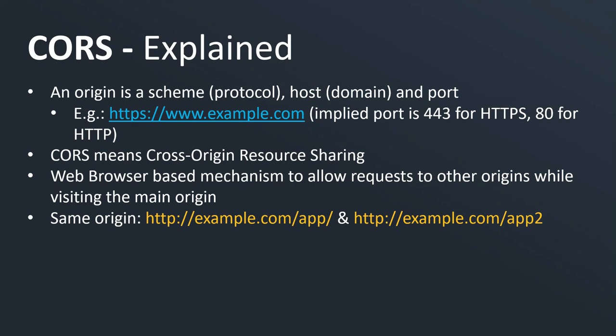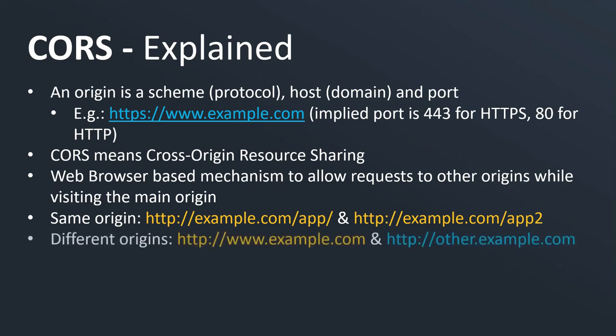But if you visit, for example, www.example.com and then you are asking your web browser to make a request to other.example.com, this is what's called a cross-origin request, and your web browser will block it unless you have the correct CORS header, and we will see what these are in a second.